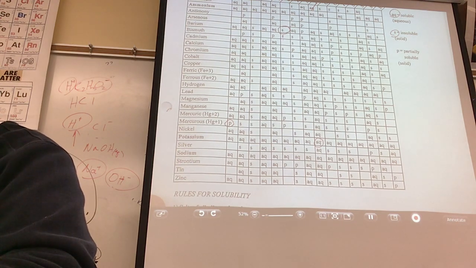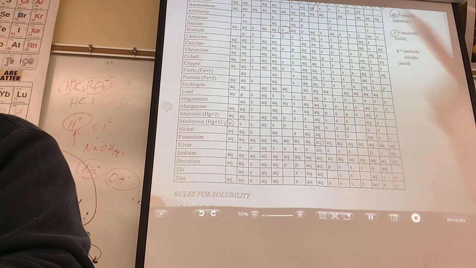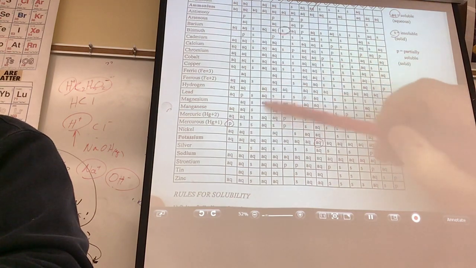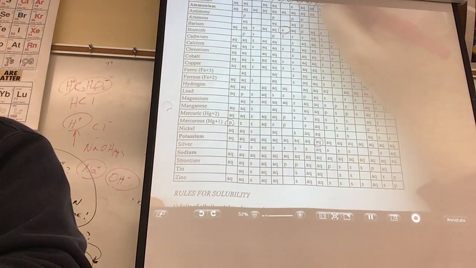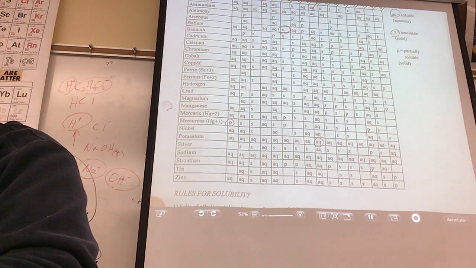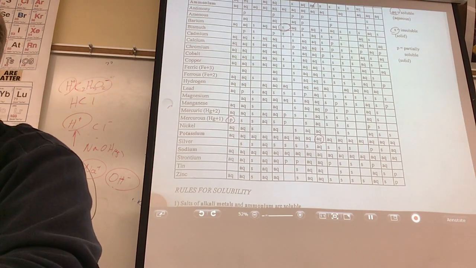Did you mark him on your paper? All right, let's say chlorate. Nice. Now, chlorate. Look at that. Good job. Chlorates are soluble. How about something else? A couple more. I think there are 3 more that were real obvious.